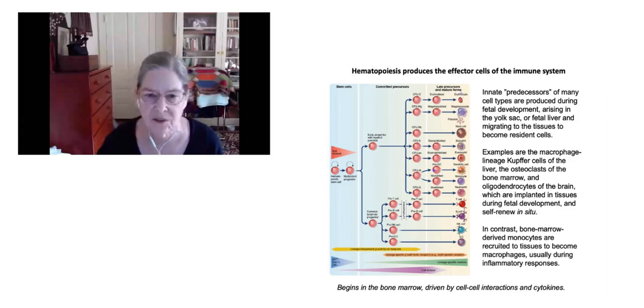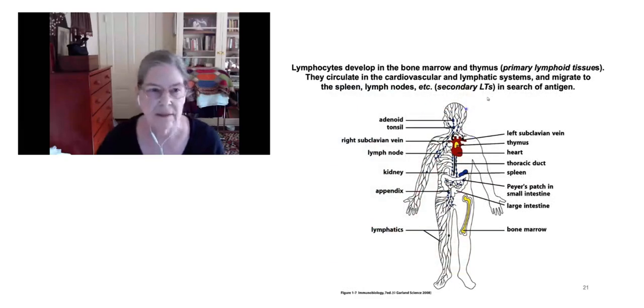So all these cells are coming out of your bone marrow, and that's what's circulating in your blood. That's one part of the structure of these circulating cells.